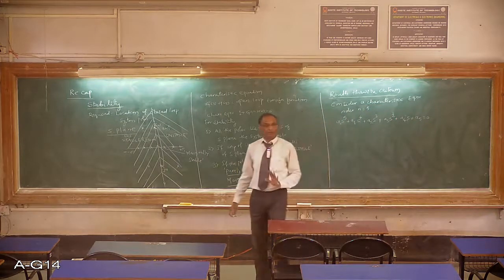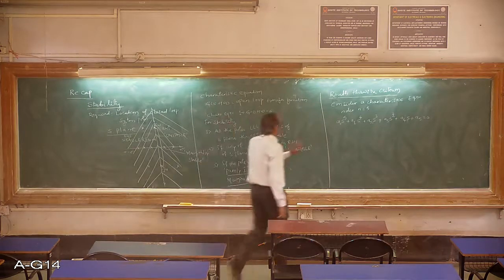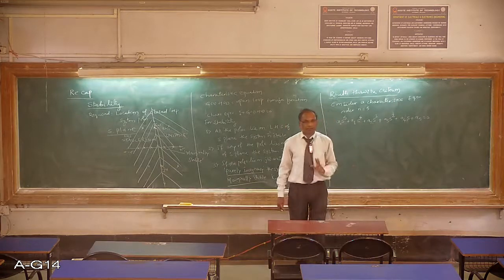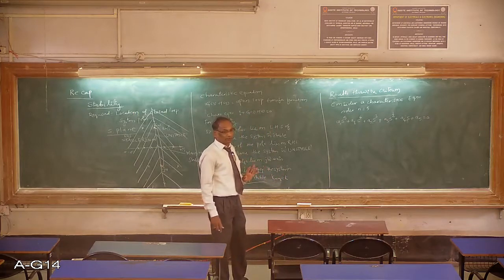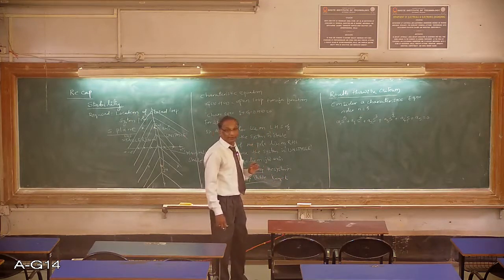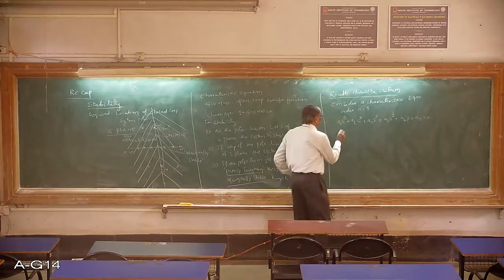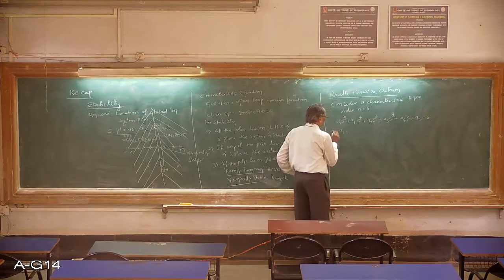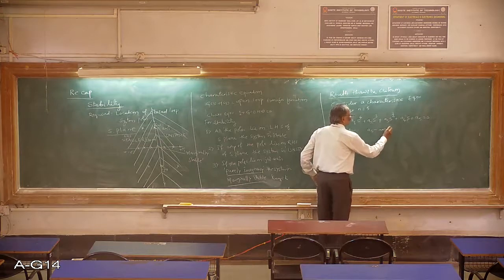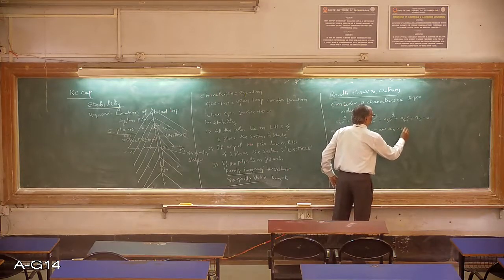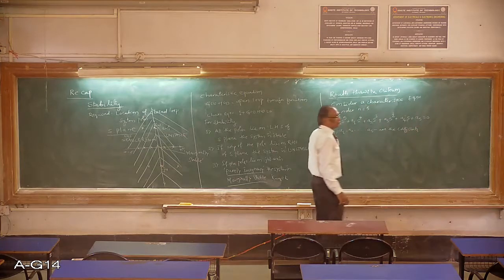So none of the terms are missing here. So apply the Routh-Hurwitz criterion. One of the requirements is that there should not be any missing terms. All the coefficients must be present. This is one of the drawbacks of the Routh-Hurwitz criterion, where all the coefficients a0, a1, a2 up to a5 must be present.